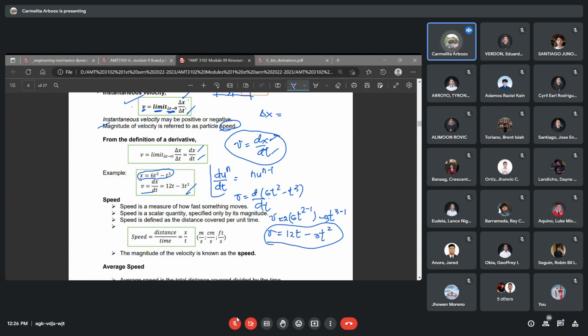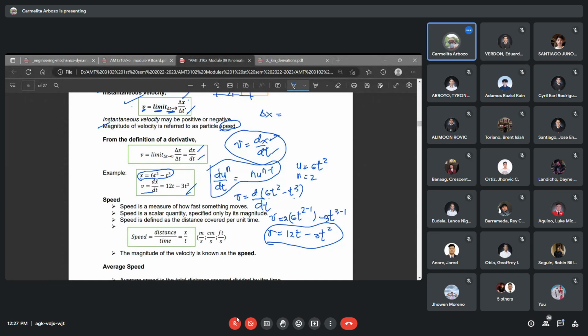So ito lang yung formula mo na gagamitin. Okay, so identify mo kung ano yung u. Okay, ano yung exponent. Ang u natin dito ay 6t squared. Ang n is 2.